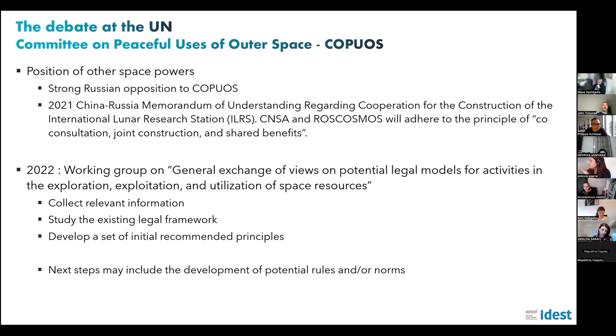I did not have access to the text, but from what I know, the two space agencies, the Chinese National Space Agency and Roscosmos, accepted to adhere to the principles of consultation, joint construction, and shared benefits, which is maybe more in line with the principles of the Moon Agreement.